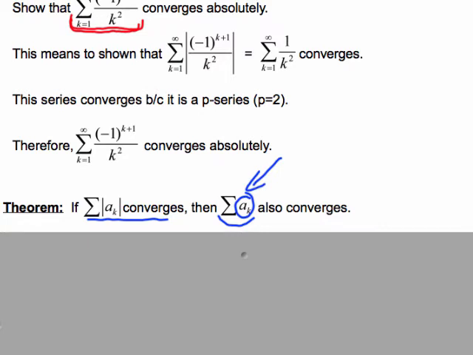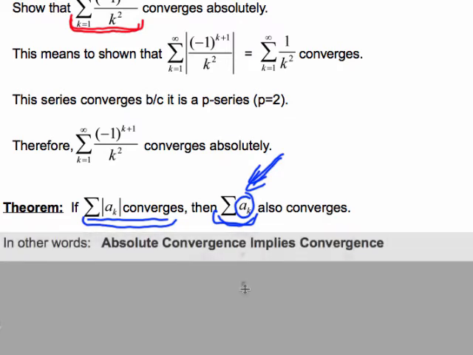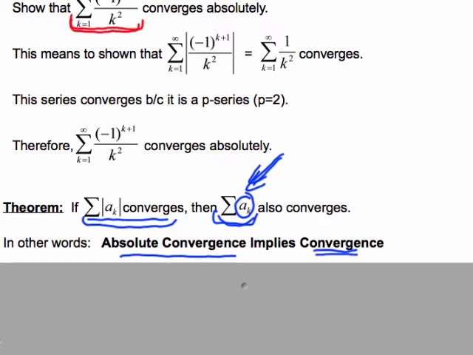It can be a series of some positives, some negatives. And what we're saying is that if we can show that the series of positive terms converges, then we will know that this original series converges as well. In other words, showing absolute convergence will imply that our original series converges.